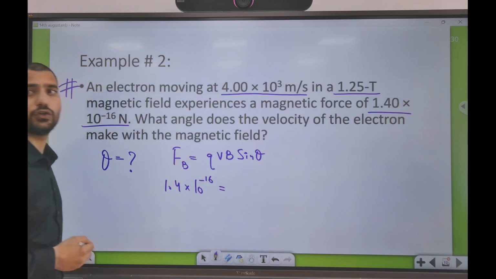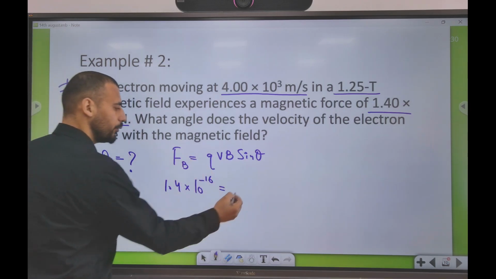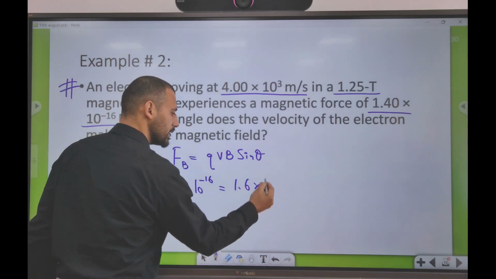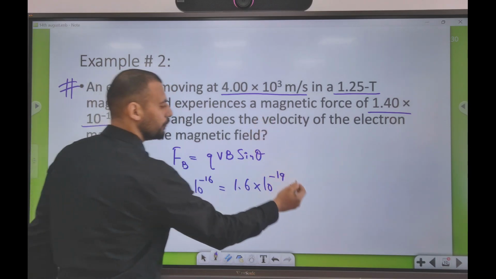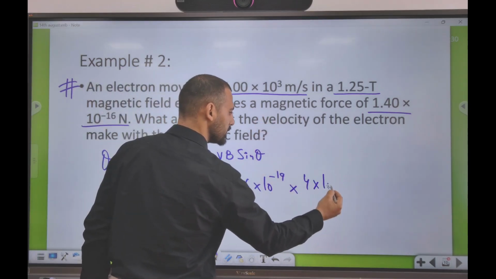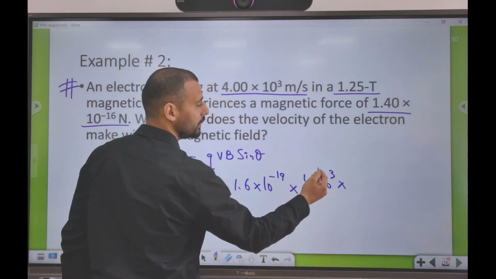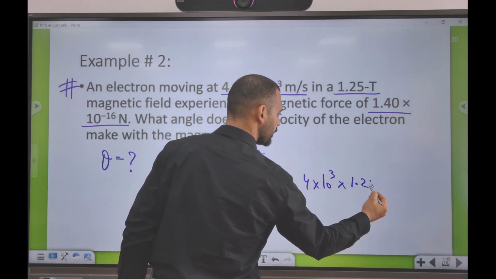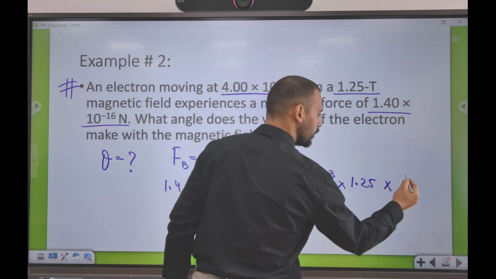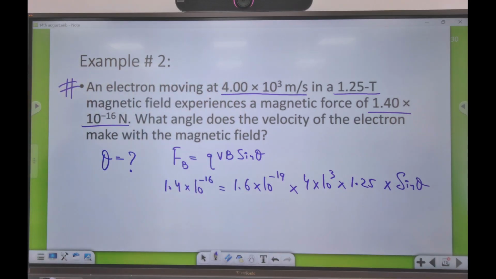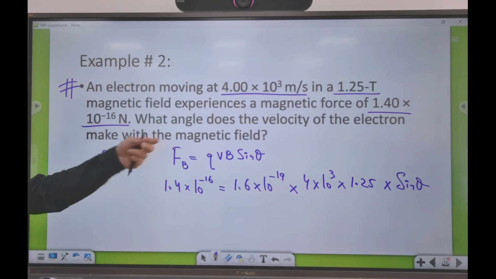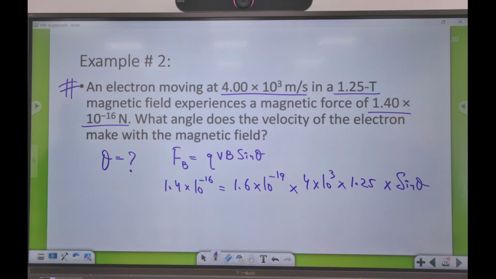What is the value of Q? 1.6 times 10 to the power negative 19. What is the velocity? 4 times 10 to the power 3. What is the magnetic field? 1.25 times sine of the angle. So you just have to solve this equation. You will get sine of the angle, isn't it?